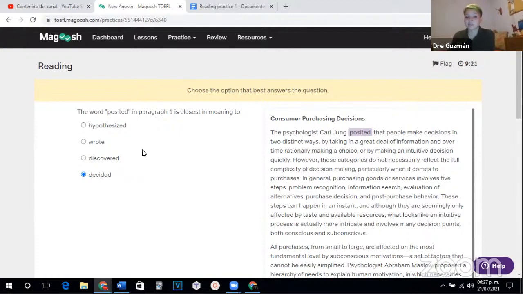Discovered, maybe. It could be discovered, it could also be hypothesized. Since we're talking about a scientific context, I think these two are the ones that fit most, right? Porque psicólogo y demás. Which one do you think it is, Carolina? Hypothesized or discovered? Entre los dos, ¿cuál?